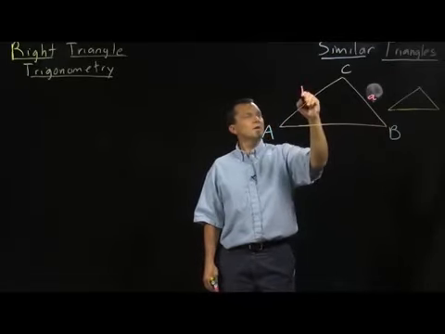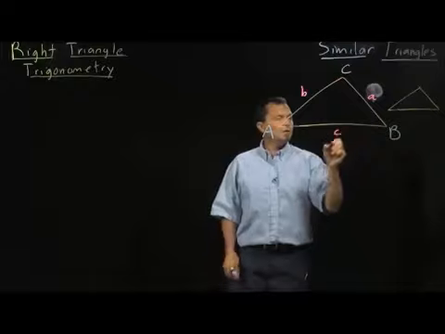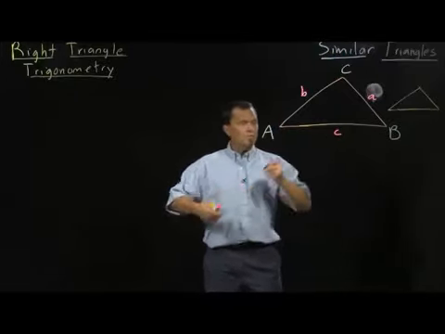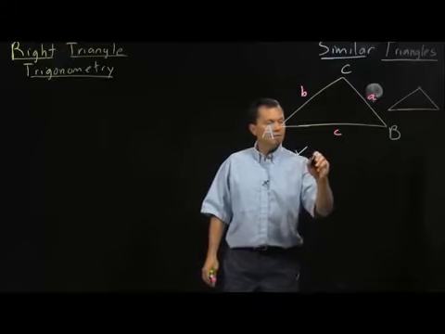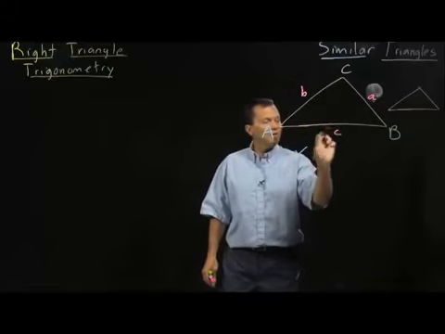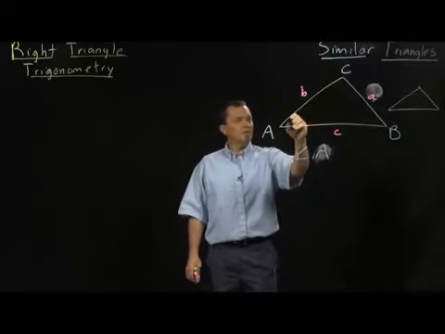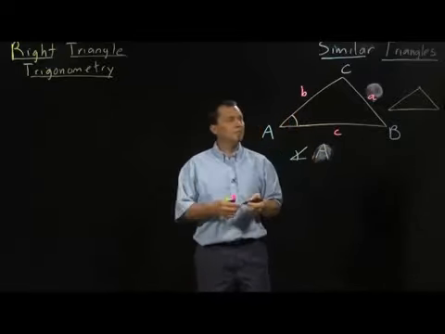Vertex B, side opposite B. Vertex C, side opposite C. Okay. So I will use this notation for the measure of angle A. So we're talking about this angle right here.